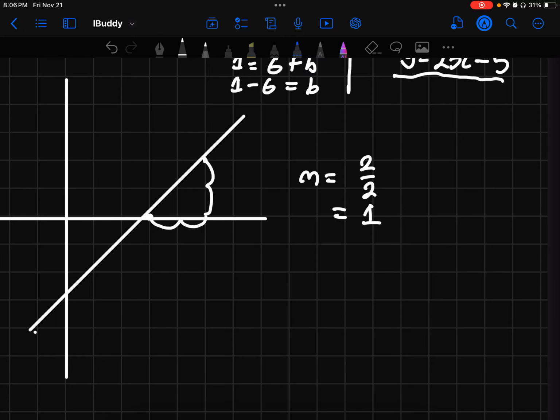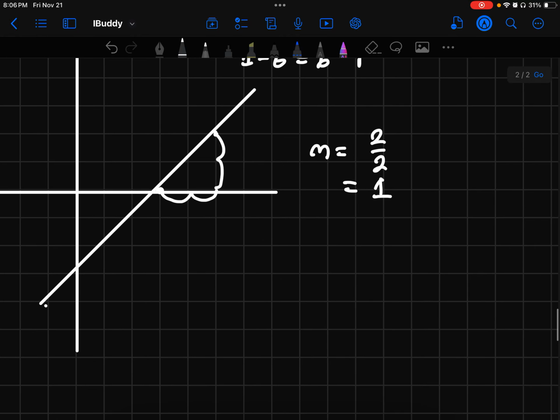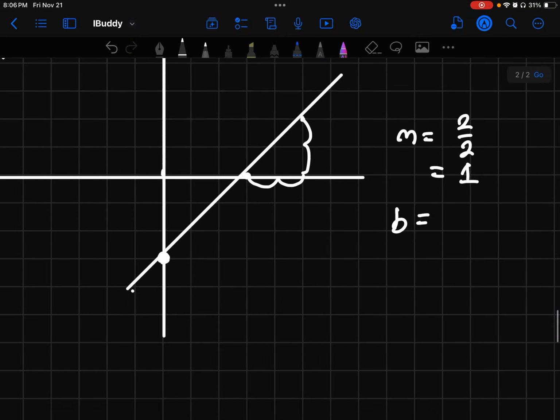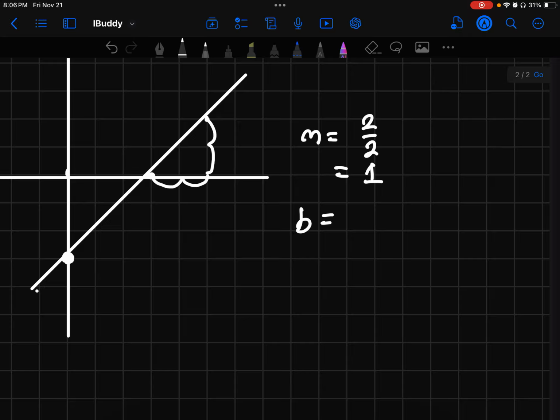Pretty simple. And then the y-intercept. Now we need the y-intercept, and the y-intercept is literally just the point that intersects with the y-axis. It intersects right there. So the x will be 0, and the y will be -3. So the y-intercept is -3. It's just where it intercepts, -3.